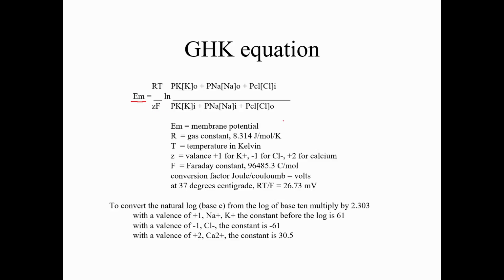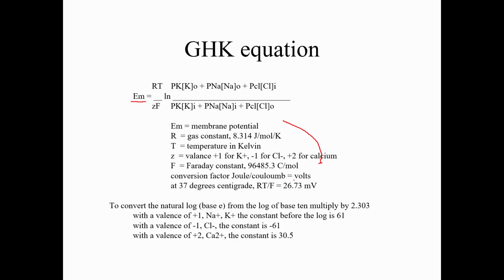Now, what do we need all these things for? Well, when you've got a constant, basically constants help you go from one kind of unit to the other. We're talking about permeabilities, and we're talking about concentrations, and we're talking about charge, which means that when we talk about ions and their charge and their concentration, we're going to talk about joules and coulombs.